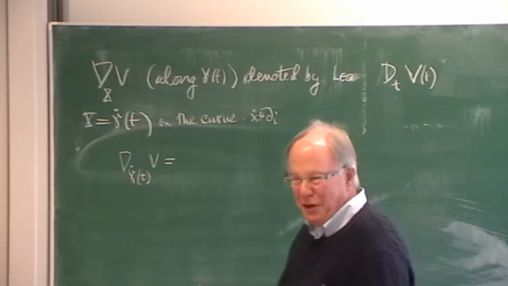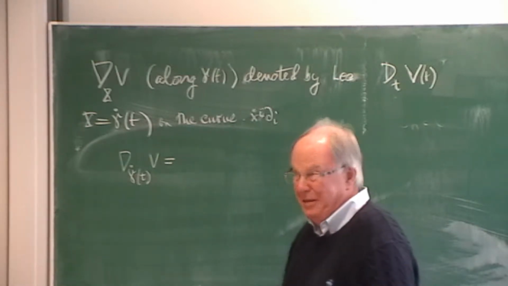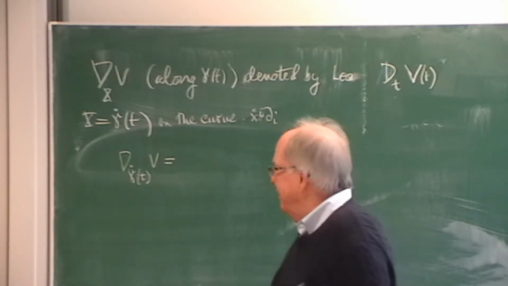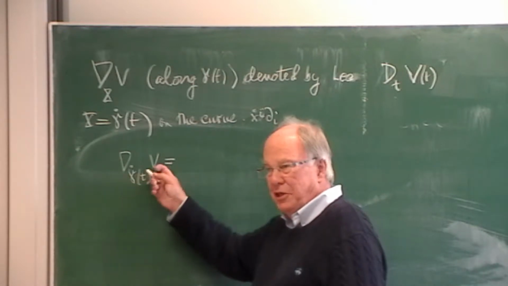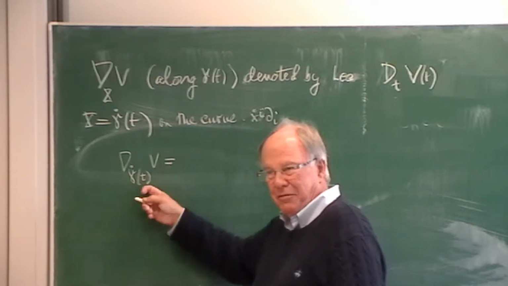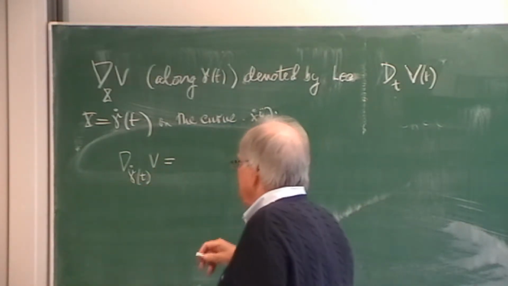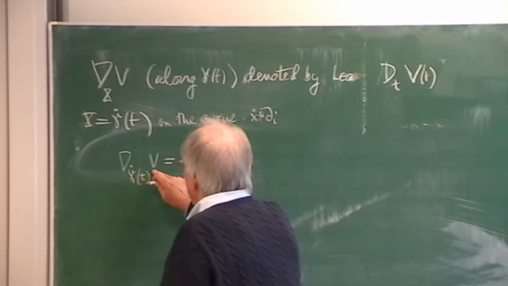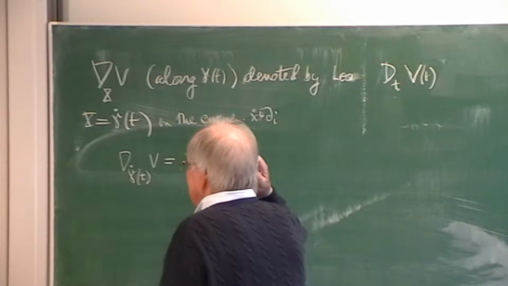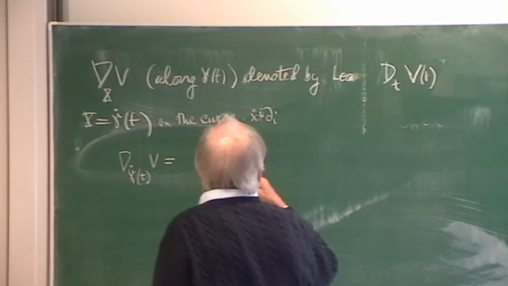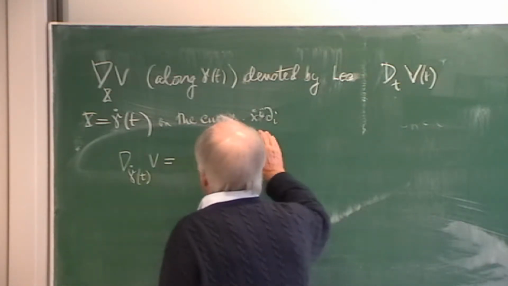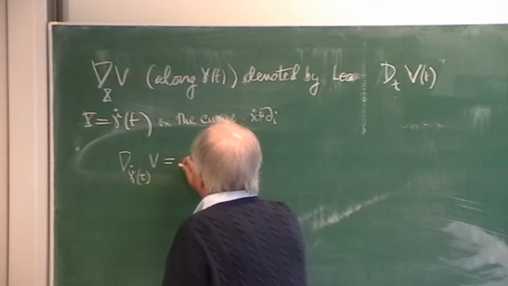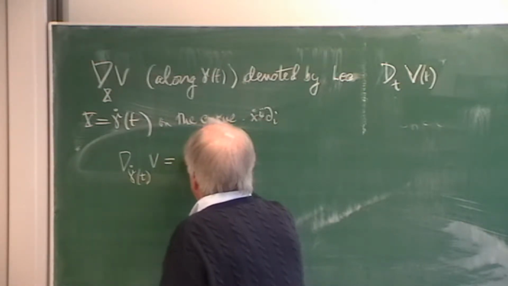Okay, but remember that this is a derivation, and remember that everything is linear. This thing is linear over the functions, and this thing is linear over the constants. That's the way to think of it. So first of all, you apply the connection to V^j. So let's write it.